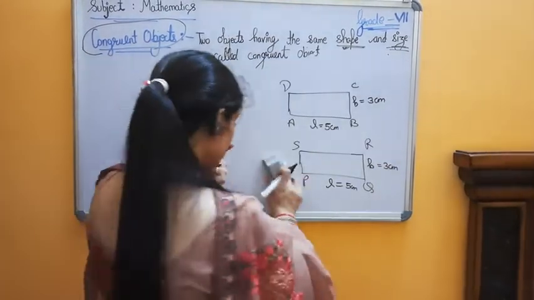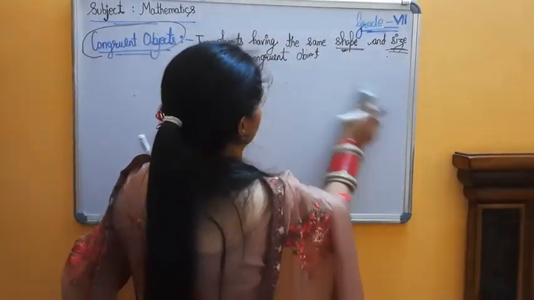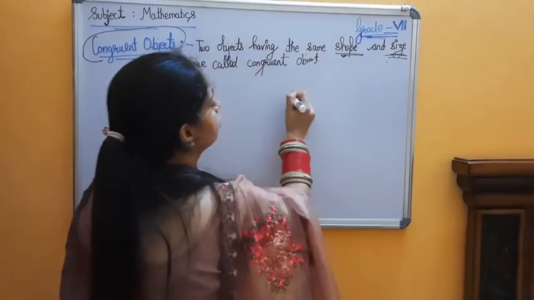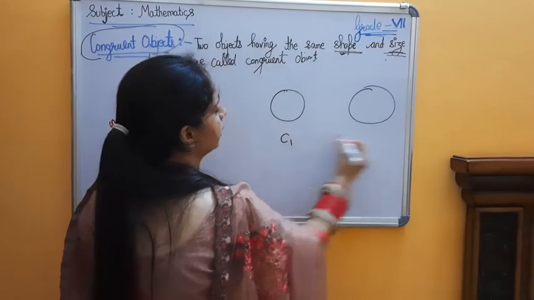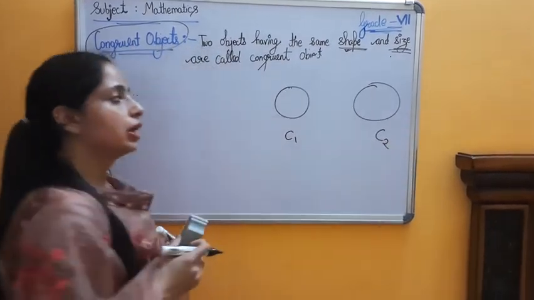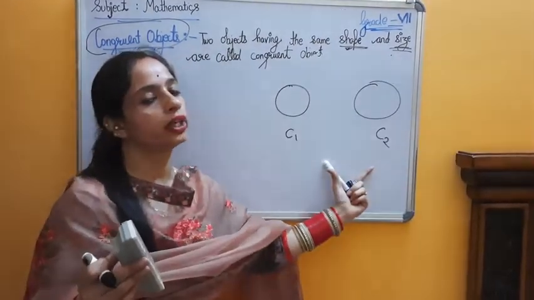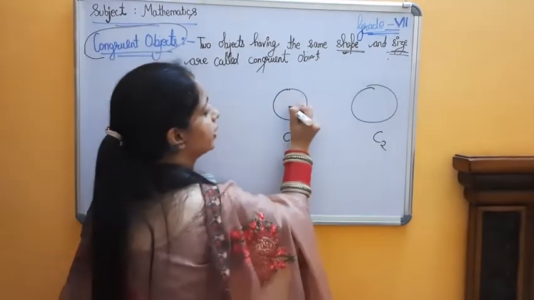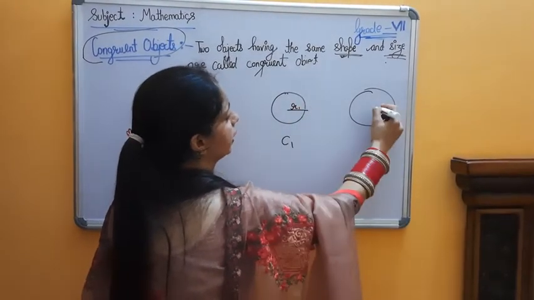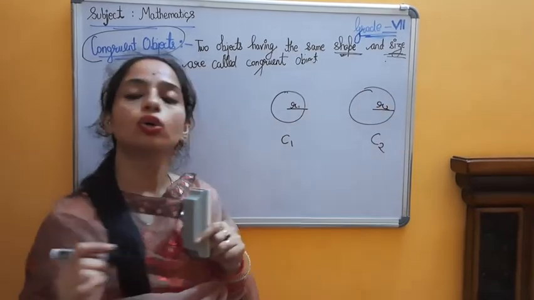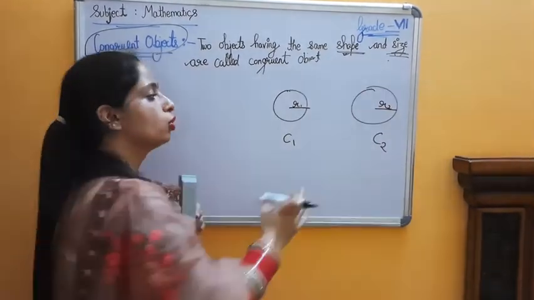Clear? The last one is two circles. Let's say the two circles are C1 and C2. Two circles are congruent when the radius value is same. Let's say R1 and R2 are the two radii.